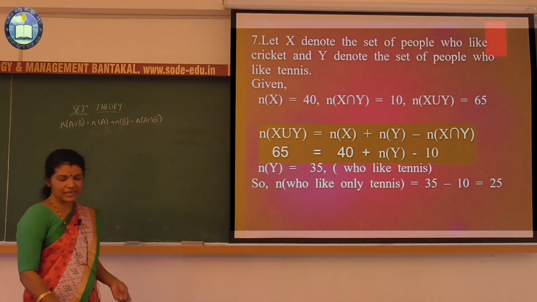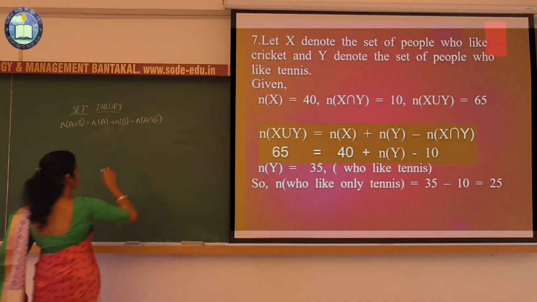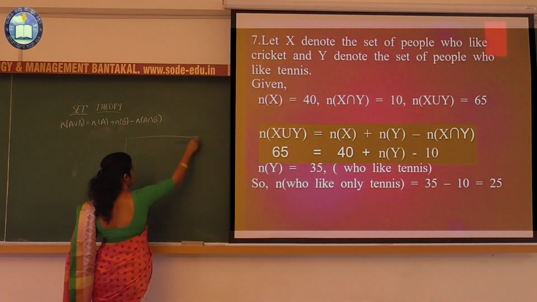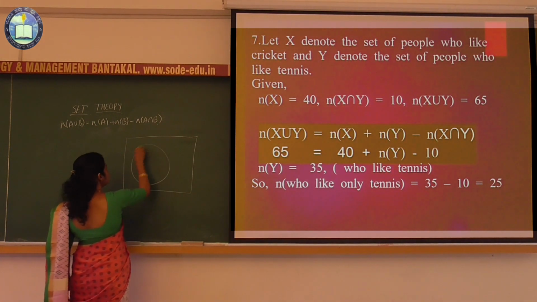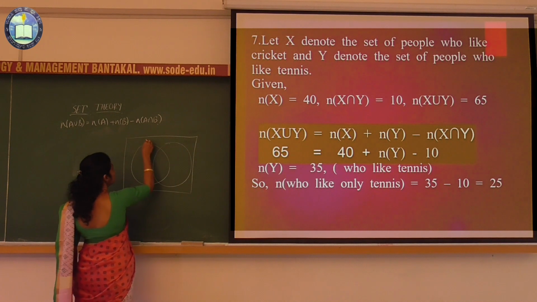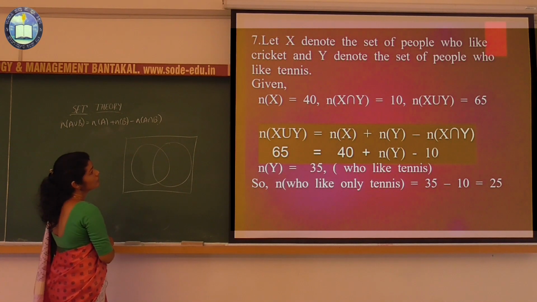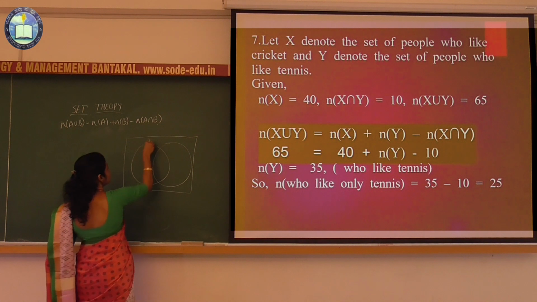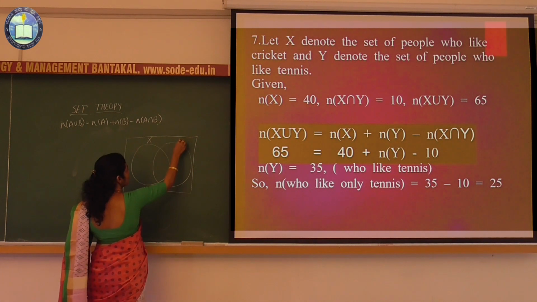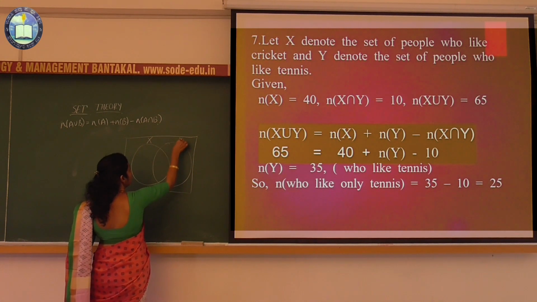The same solution can be given using a Venn diagram also. So let's consider that. 2 sets, so we need 2 circles like this. Number of people who like cricket, consider to be x. Number of people who like tennis, consider to be y.